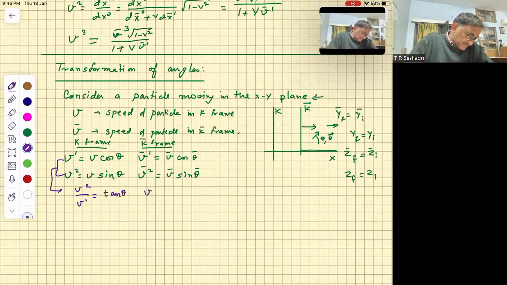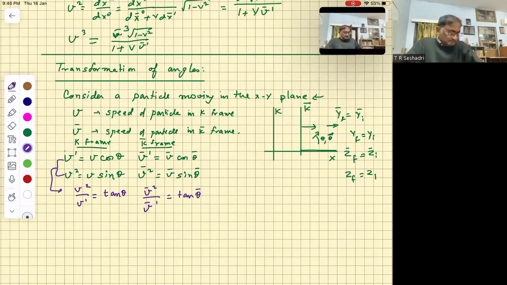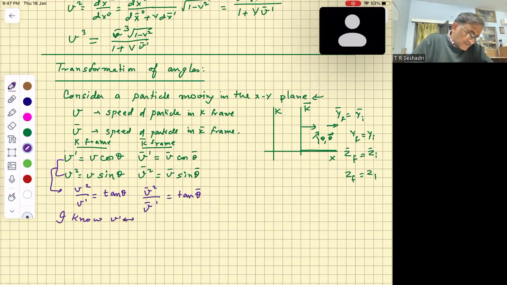Similarly, v bar 2 by v bar 1 is equal to tan theta bar. I know the v1 bar transformation.